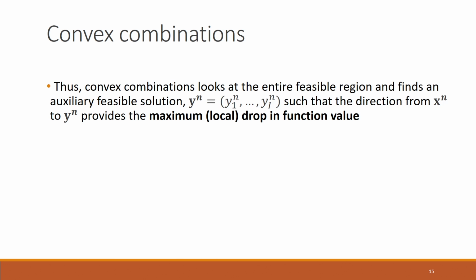Thus, the convex combination algorithm looks at the entire feasible region and finds an auxiliary feasible solution yn, again this is a vector, such that the direction from xn to yn provides the maximum drop in the function value.